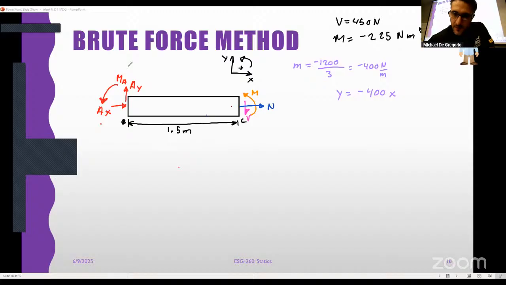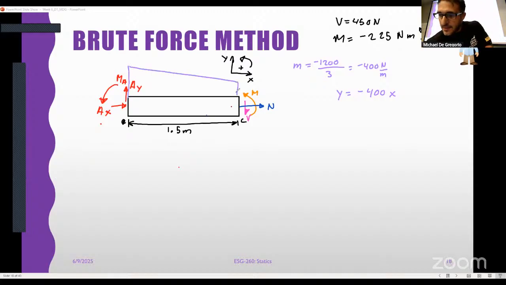Before I do that, I've also got this portion of this, right? And this is 1200 Newton per meter. And we just found out that this is 600 over here, right? Newton per meter, based on the equation of the line that we found.